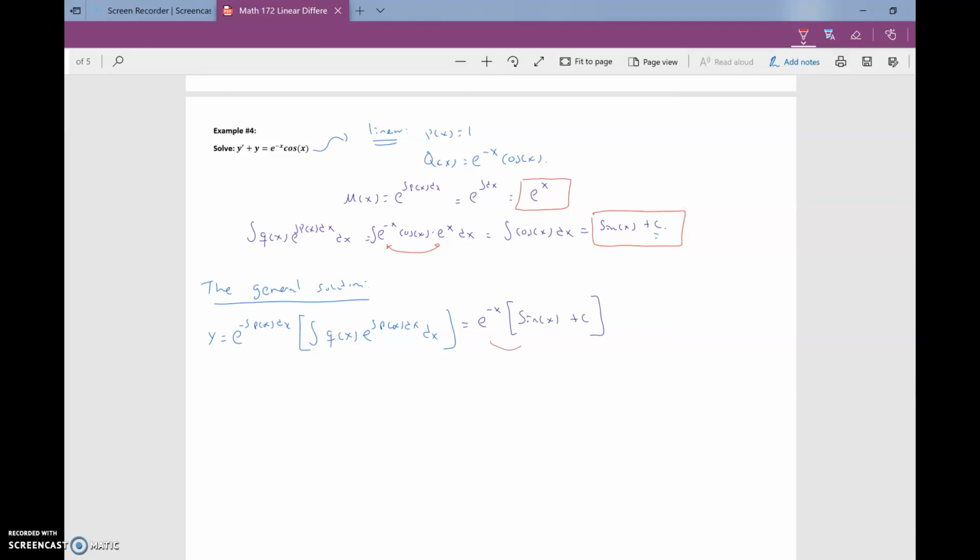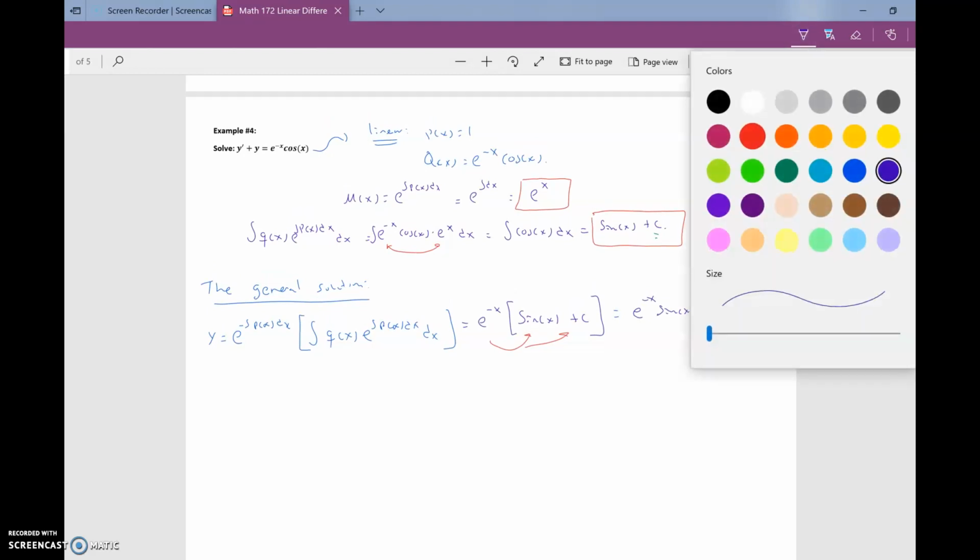So as we distribute out this problem, we're just going to end up with e to the negative x sine of x plus e to the negative x times c.